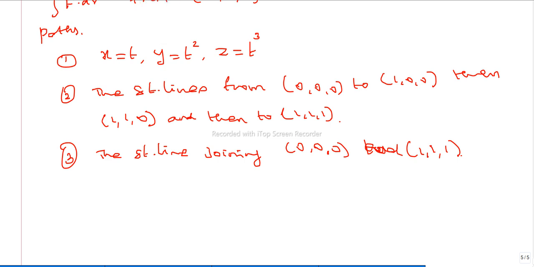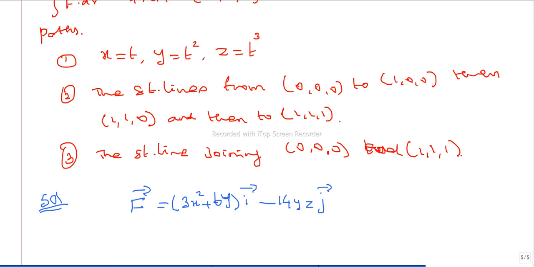Okay, so solution. First you have to write what F is. It is given that F equals (3x square plus 6y) i vector plus minus 14yz j plus 20xz square times k vector.